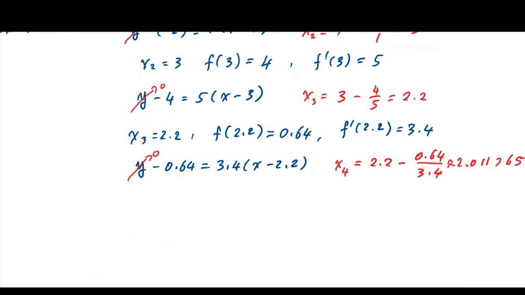Okay, let's just pick it up right here. x4 was, this was x3, right? x3 minus, what is this? This is f of x3, right? Divide by, this is f prime of x3.